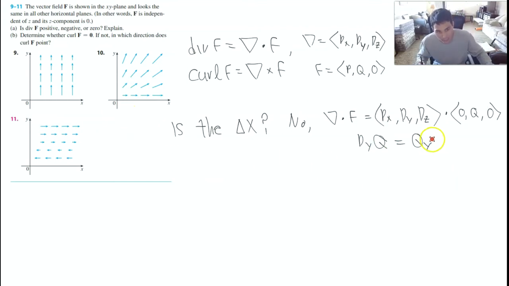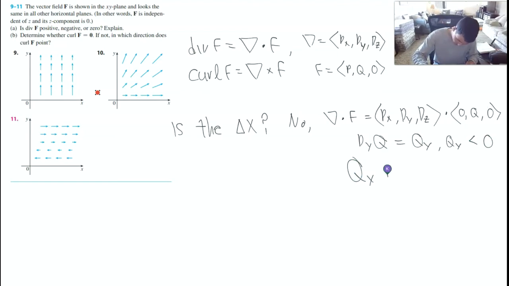And is the derivative of q in the y direction increasing as we go up? It looks like it's a big vector, then it becomes a smaller vector. So qy is less than 0. Qy is decreasing.